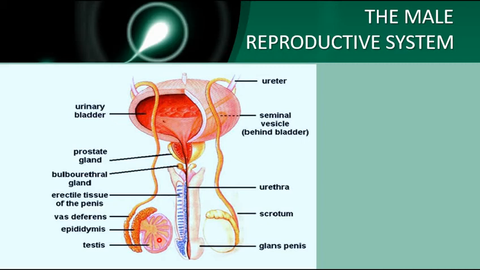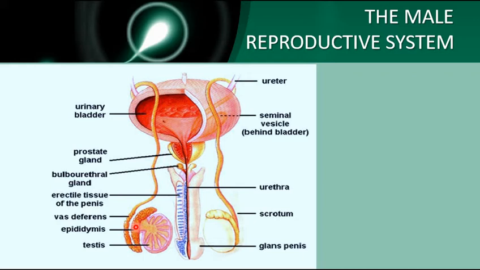After the testes, we have what now? The seminiferous tubule. Where is it? It's responsible for the collection and temporary storage of sperms until they mature. The epididymis stores and collects the sperms until they mature.